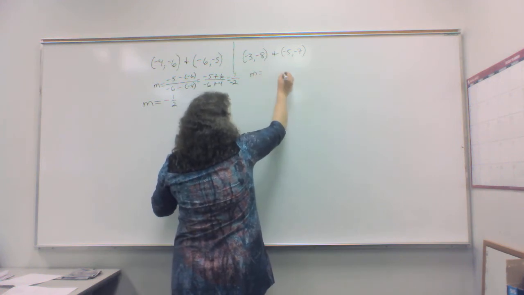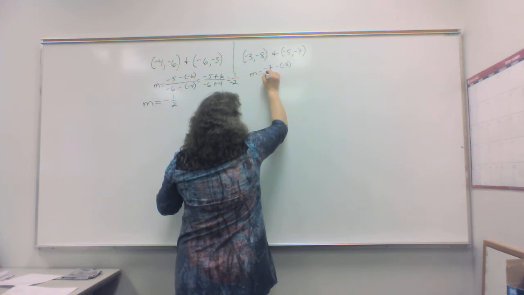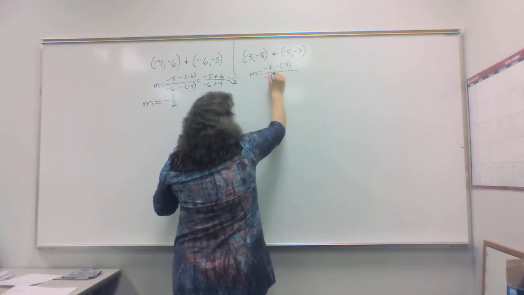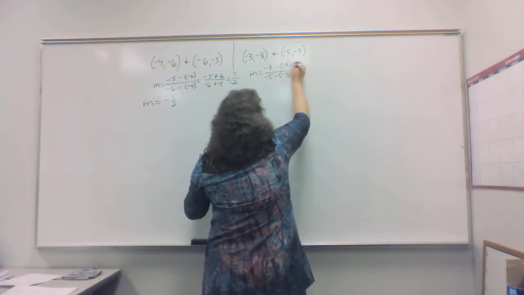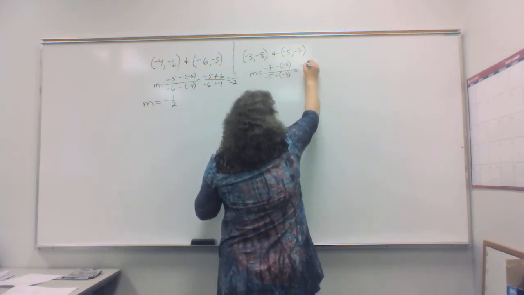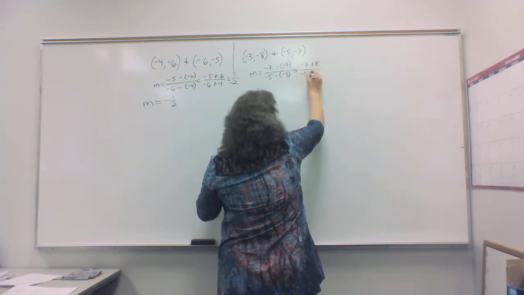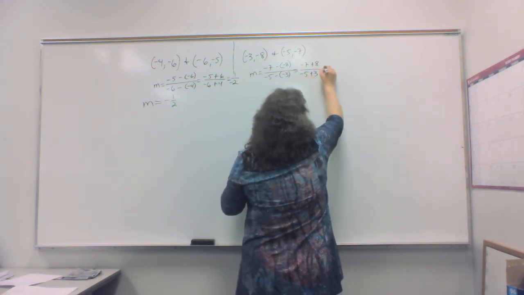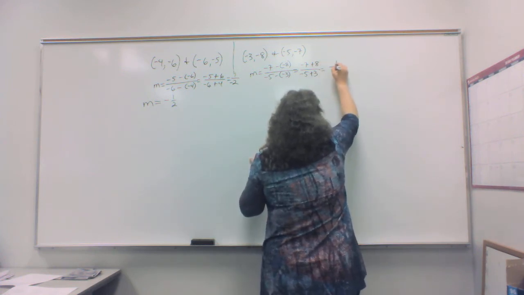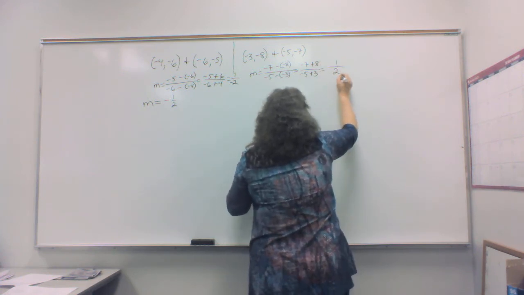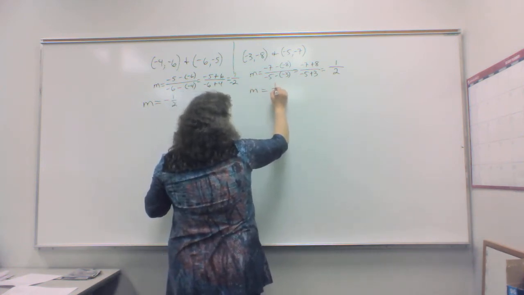Let's do my second slope. m is equal to -7 minus -8 over -5 minus -3, which equals -7 plus 8 over -5 plus 3, and this gives me 1 over 2. So my m is equal to 1/2.